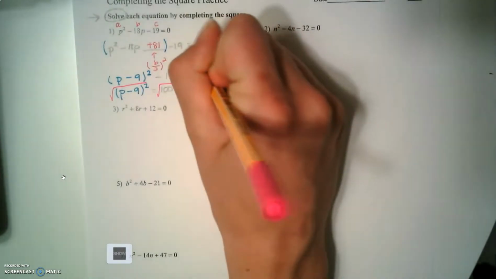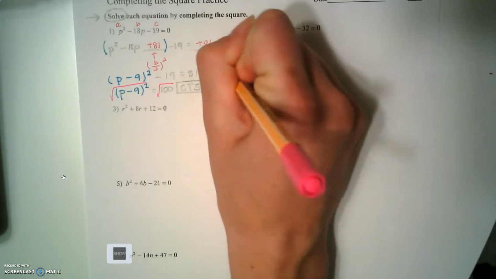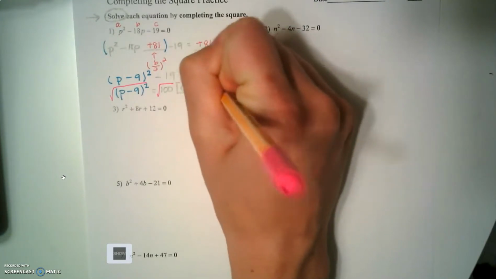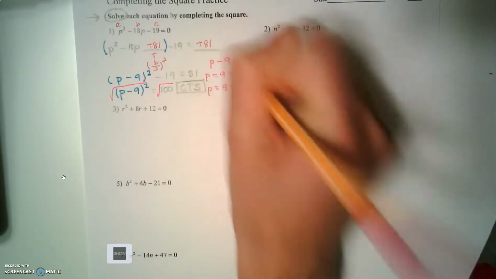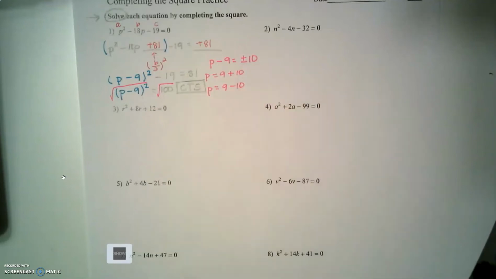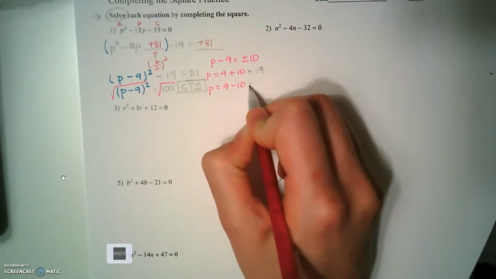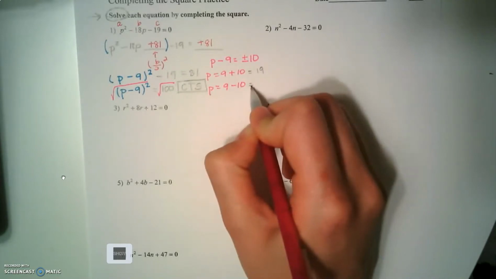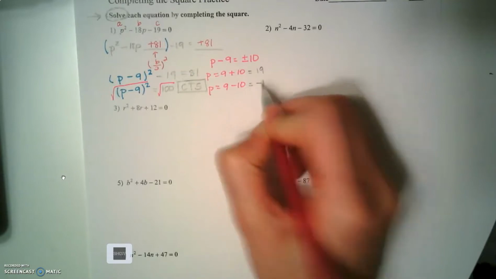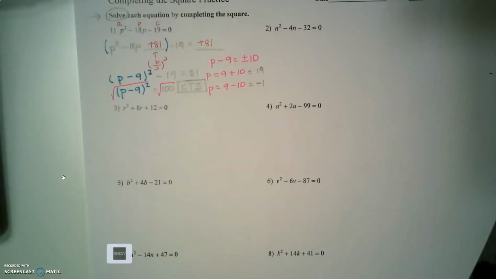That's going to give me p equals 9 plus 10 and p equals 9 minus 10 because I have 2 options here. So this is going to equal 19, and this will equal negative 1.